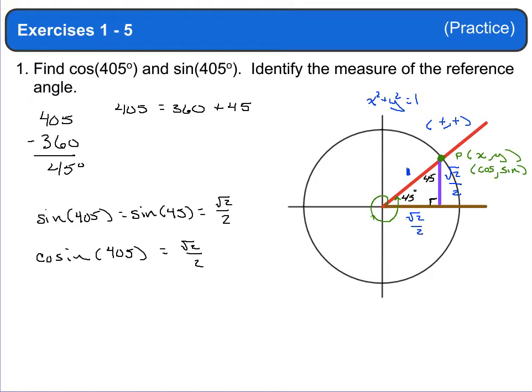So the reason why this is important is this no longer limits us to going around the circle one time. We can rotate this around the circle as many times as we need to, and we know that we're going to land somewhere along that circle, and then we subtract 360 until we get to something that is below 360 that we can identify and relate it to in terms of a reference angle.